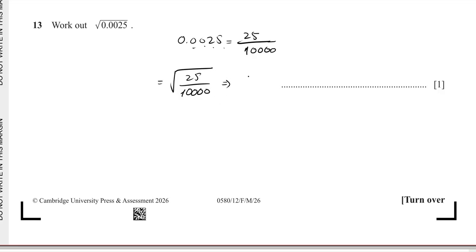We know that 25 is equal to 5 squared and 10,000 equals 100 squared. Just take the square root, cancel the square roots with the squares, and your answer should be 5 over 100. That can be written as 0.05, and that's your correct answer.